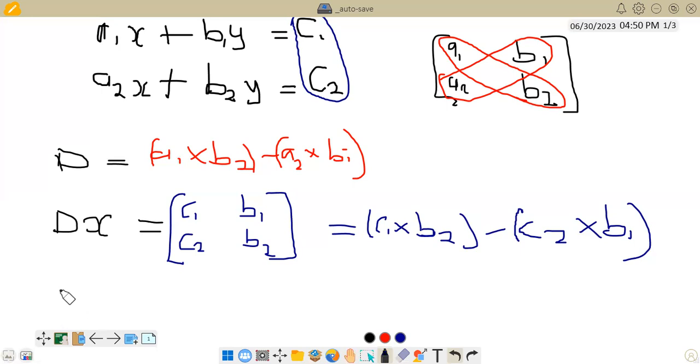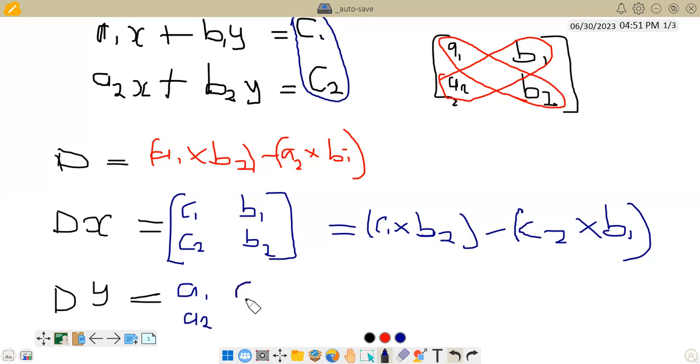Now to find the Dy, what will happen now is we'll have a1, a2. But because we want to find the Dy, the coefficient of y will be replaced by the results. For example, here we had a1, b1, a2, b2. It means where there is b1, there will be c1. Where there is b2, there will be c2.